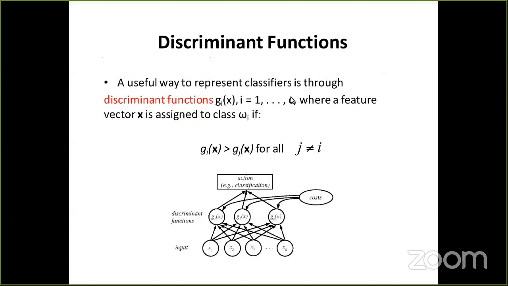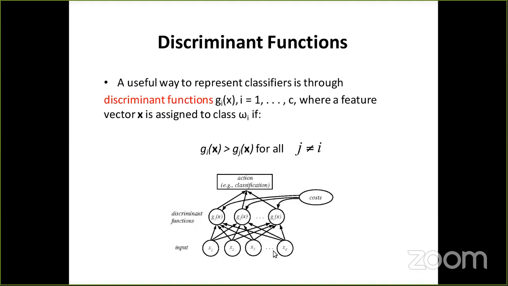Another useful way to represent classifiers is through discriminant functions. Previously we were saying that we would minimize risk to classify, but we can use something more generic, which can be called a discriminant function. We have a function g i, which is a function of the feature. Let's look at this figure.